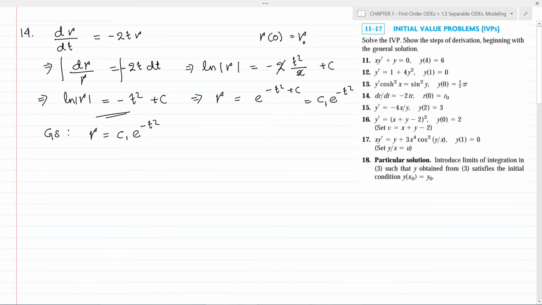We can get the particular solution by substituting this initial value condition into the general solution. We have r naught is equal to c1 e to the power 0, and this implies c1 is equal to r naught.